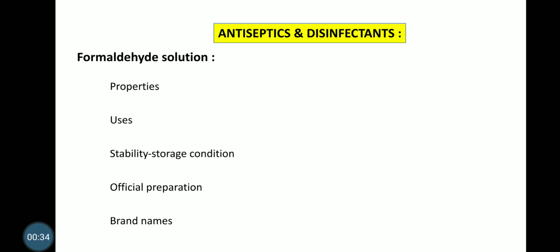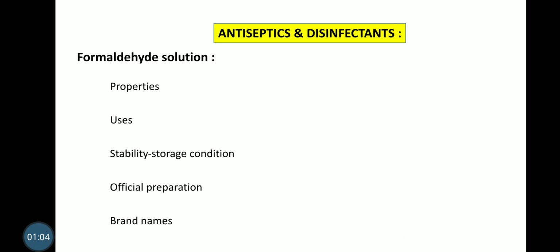Formalin contains 36% to 38% of formaldehyde, which is mixed with methanol and water. Properties: it is a colorless liquid with a characteristic pungent irritating odor and a burning taste. It is miscible with chloroform and ether.